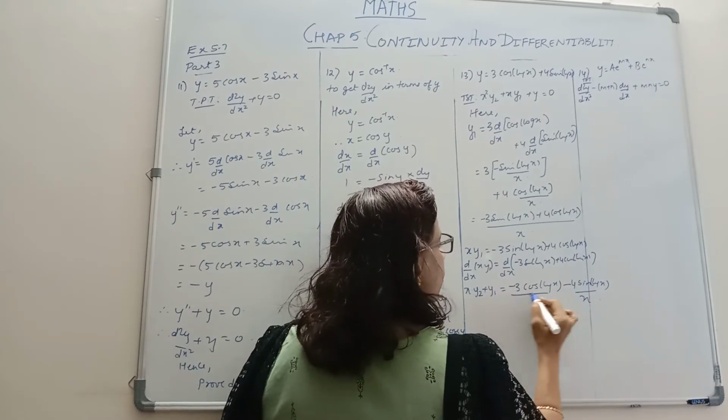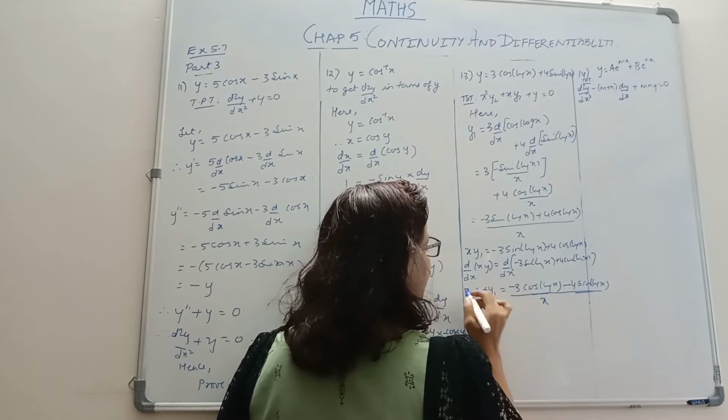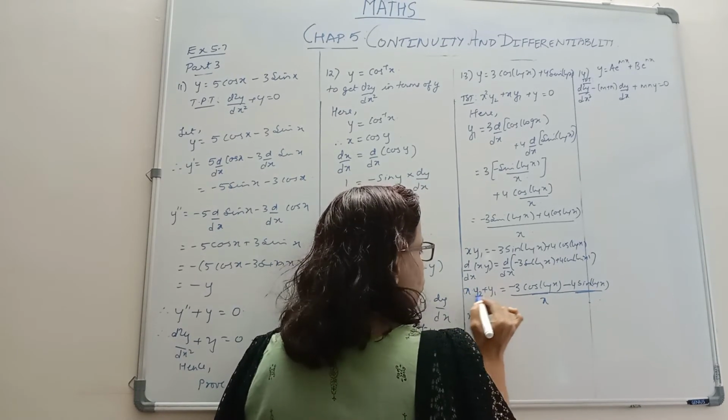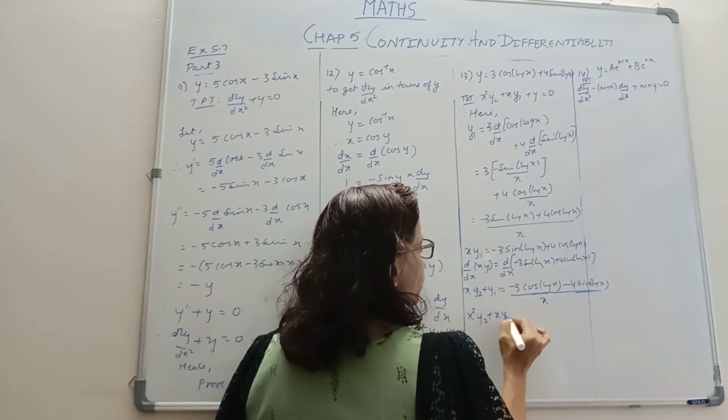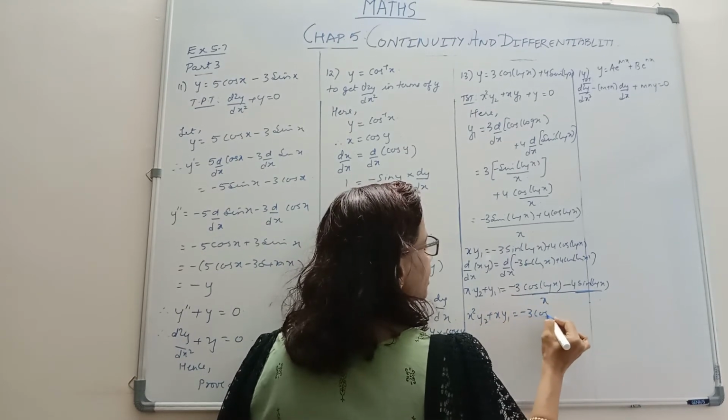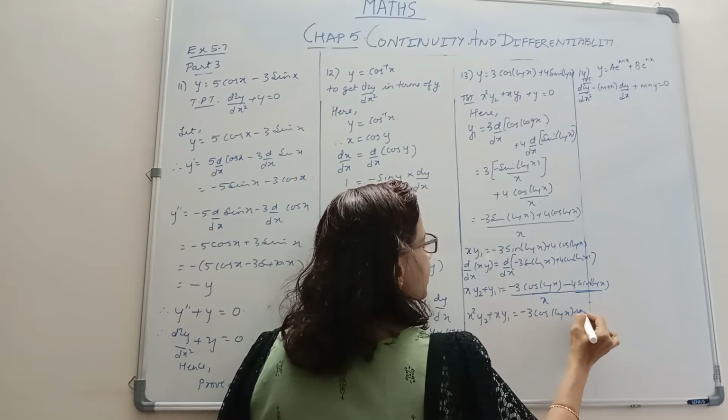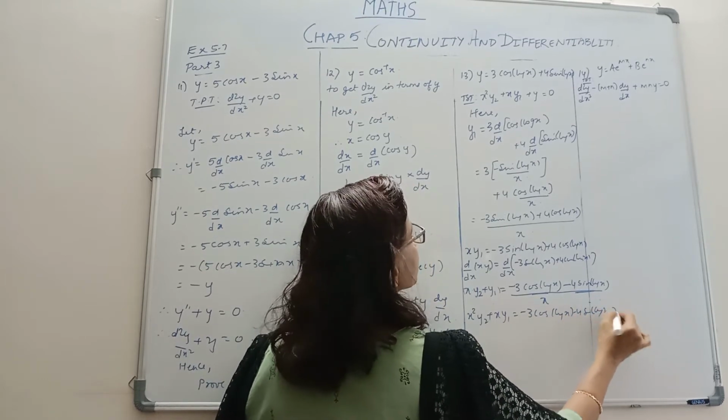This is overall by x, so that x can go there. So this whole thing multiplied by x means x squared y2 plus x y1 is minus 3 cos log x minus 4 sine log x.